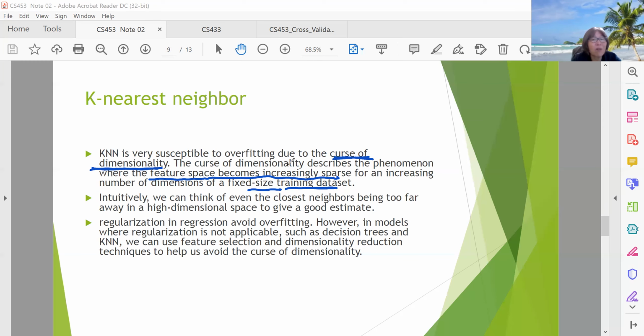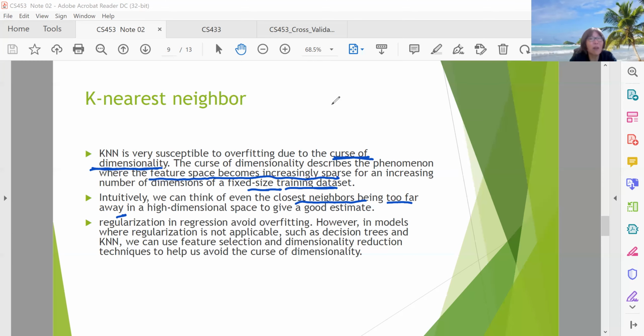The feature space is quite large, so it becomes increasingly sparse. Even the closest neighbor can be too far away in high-dimensional space to give a good estimate. This is called the curse of dimensionality.